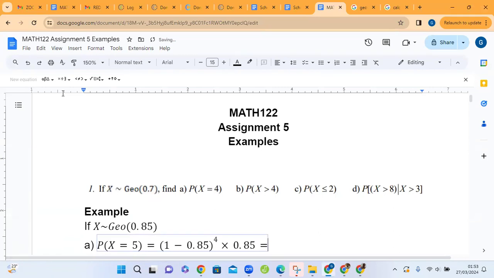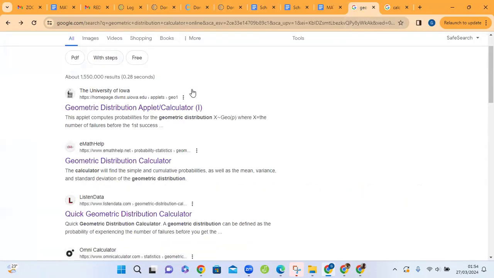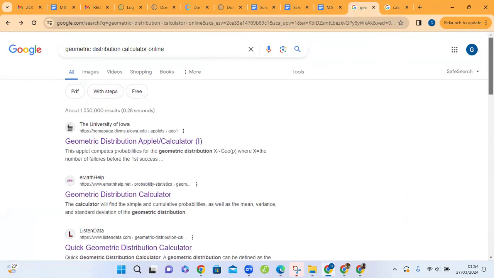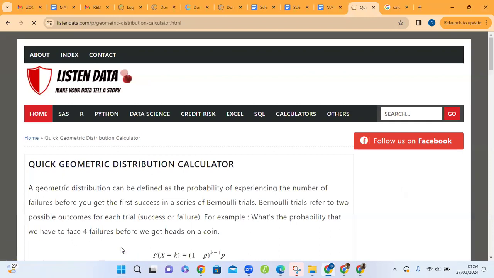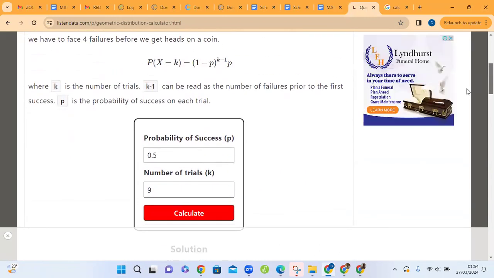We can do one of two things. We can type in Google geometric distribution calculator online. I've tried this too, and preferably I would use this one, the quick geometric distribution calculator. And here's the formula.